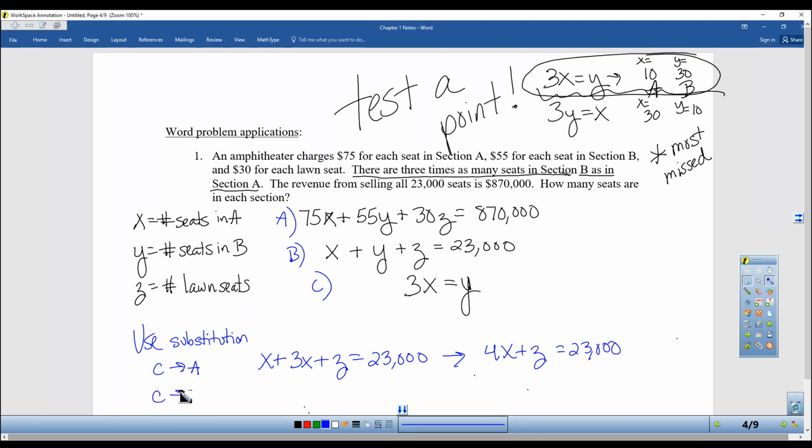And then I'm going to put C into B. And then I am going to put C into A.